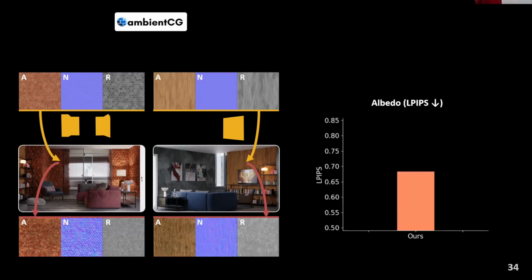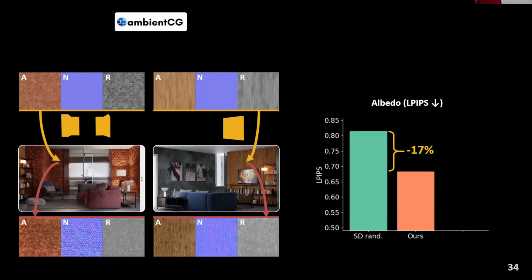Here you can see the albedo error, which is lower is better, which gets around 0.7, which can be compared with the Stable Diffusion prompted version that is prompted with the ground truth class of the material used.